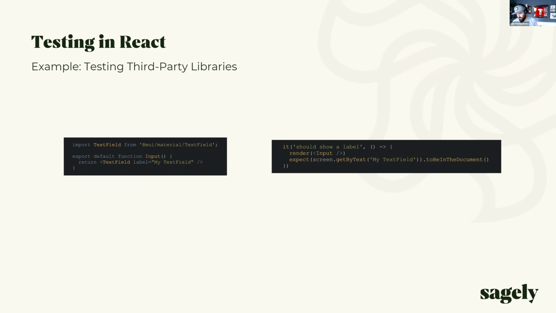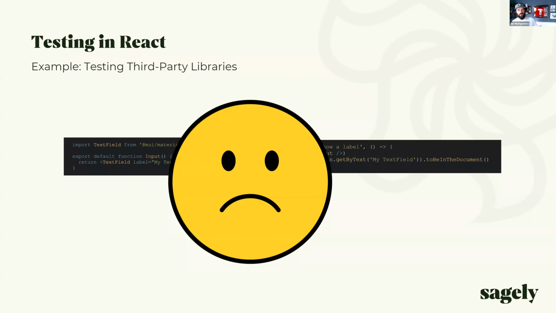Now, the caveat there would be, if this is a custom input component and you are passing props through to that third-party library, if you have props on your component, you should still be testing those, but you shouldn't be worried about testing the third-party library directly. Do not recommend.